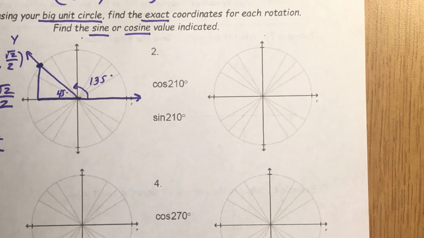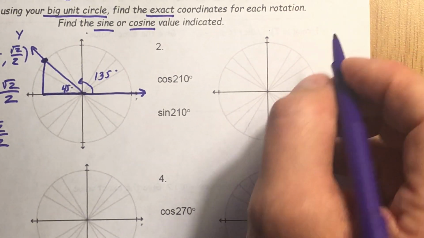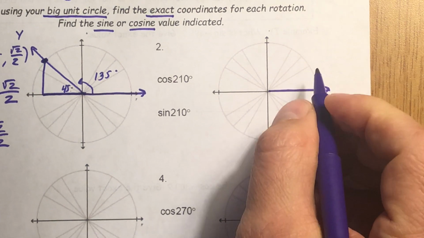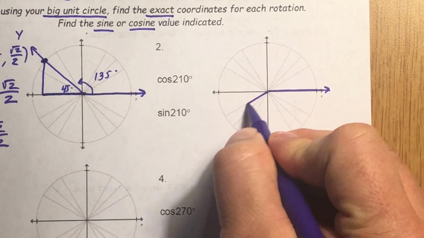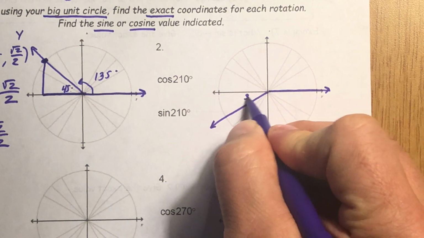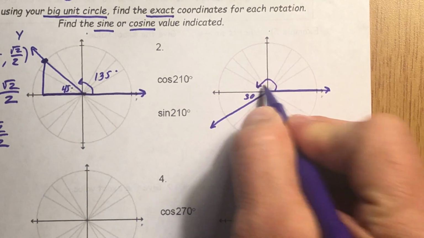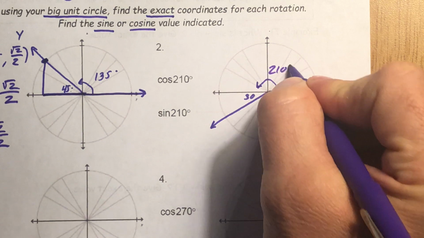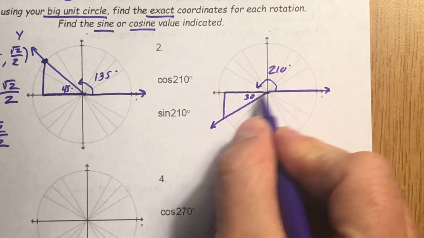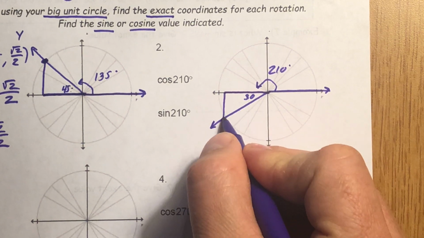All right, with the next one. Cosine and the sine of 210 degrees. Again, we start at the initial end, and we go to 210. 210 goes all the way around the circle, 180 plus another what? 30, right? So that's 210 degrees. But we're looking at this reference angle here, okay?